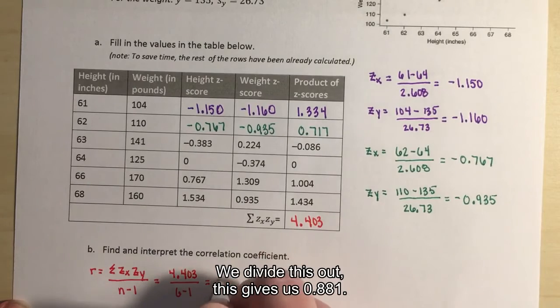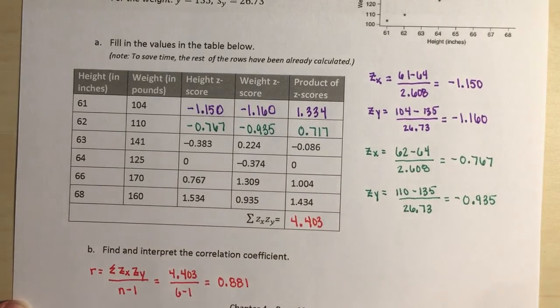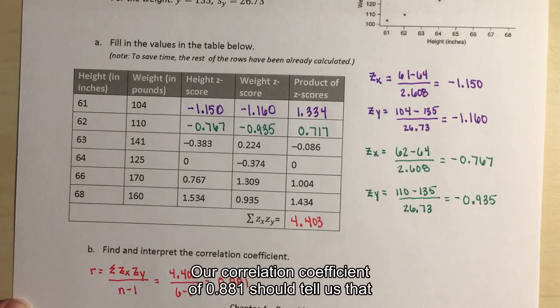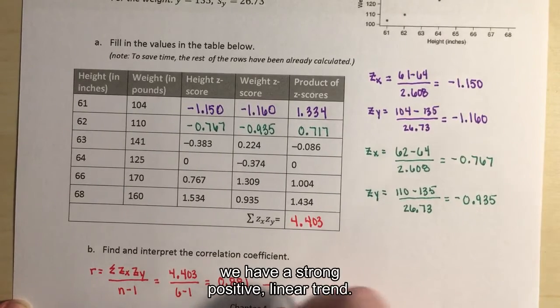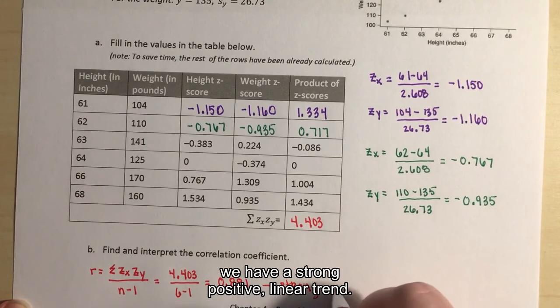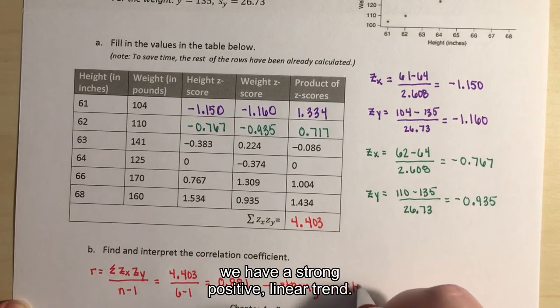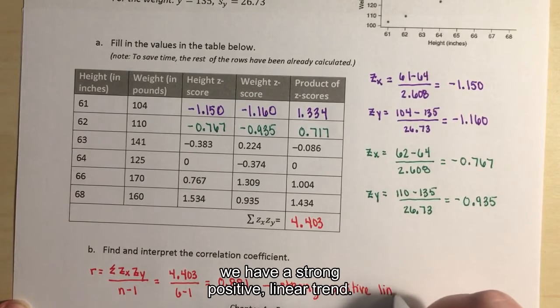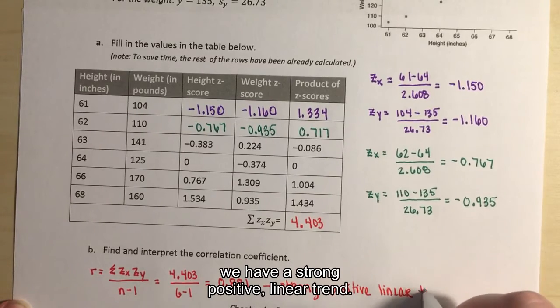We divide this out, this gives us 0.881. An R, or correlation coefficient, of 0.881 should tell us that we have a strong positive linear trend.